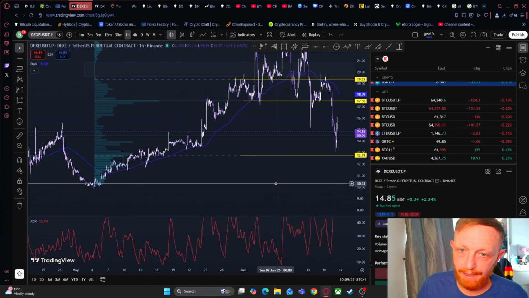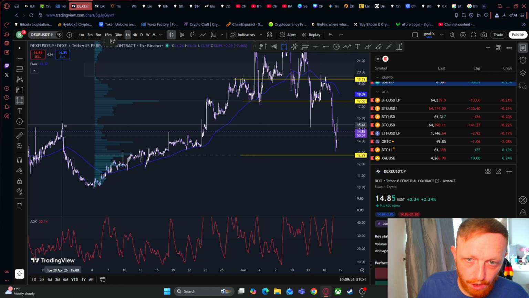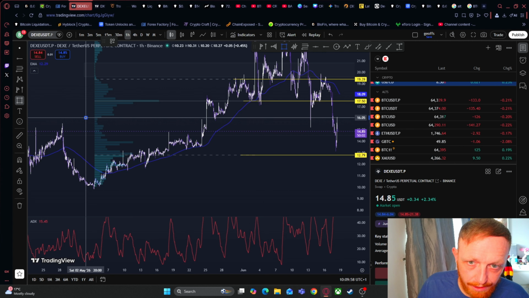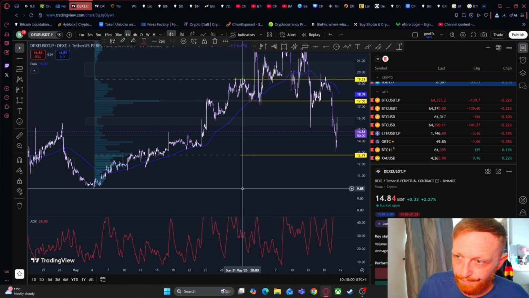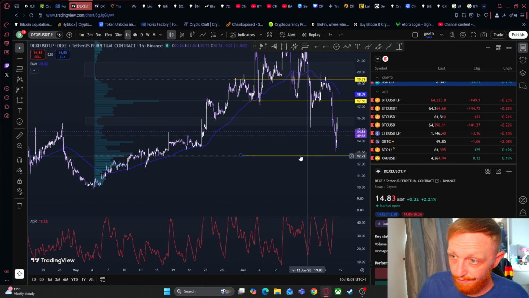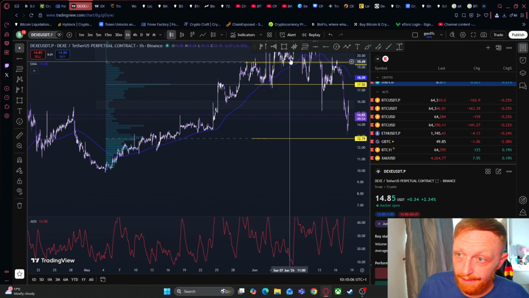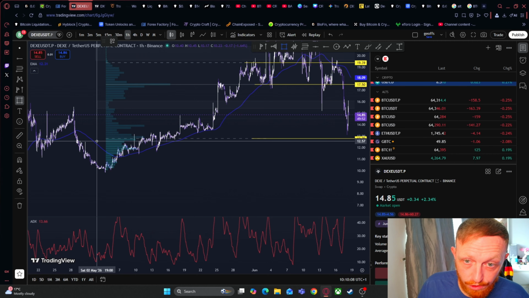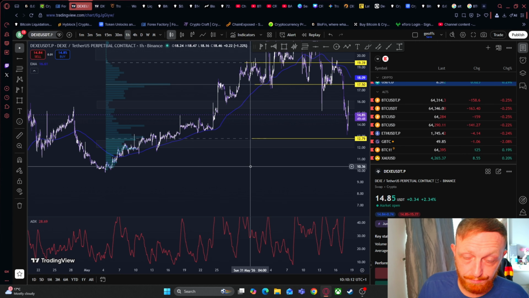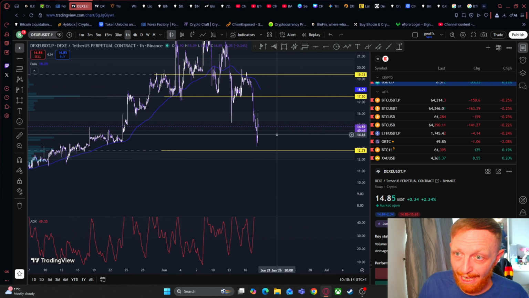It's not got there yet. But along the way, I'm going to be looking at these gaps. So which we are in right now and rejected off of that gap. I've also got another gap just below us here. So from that whole move.